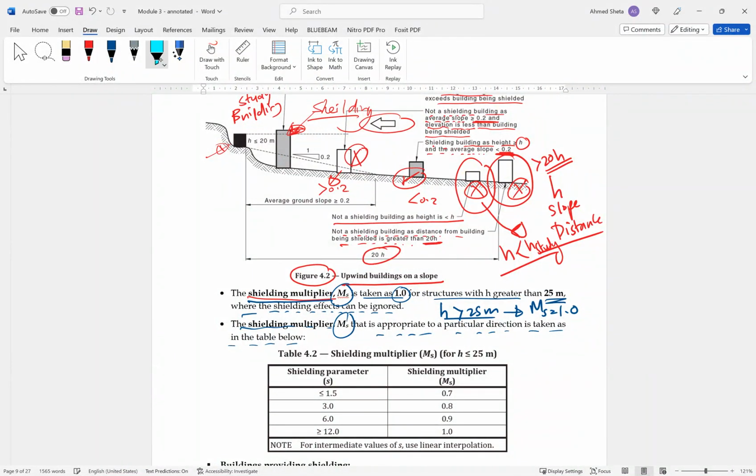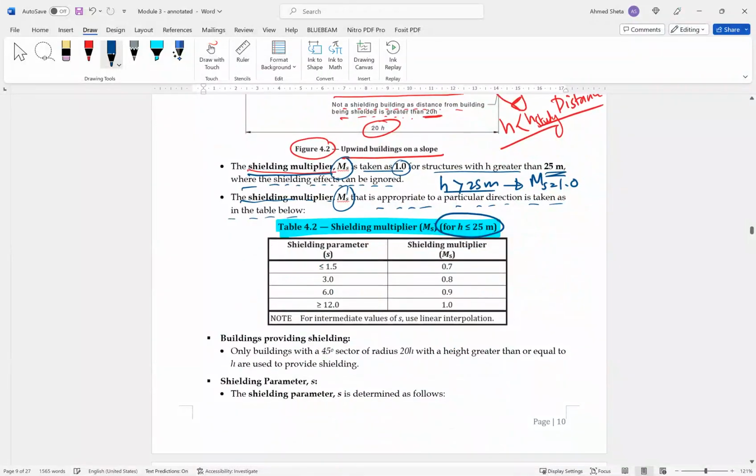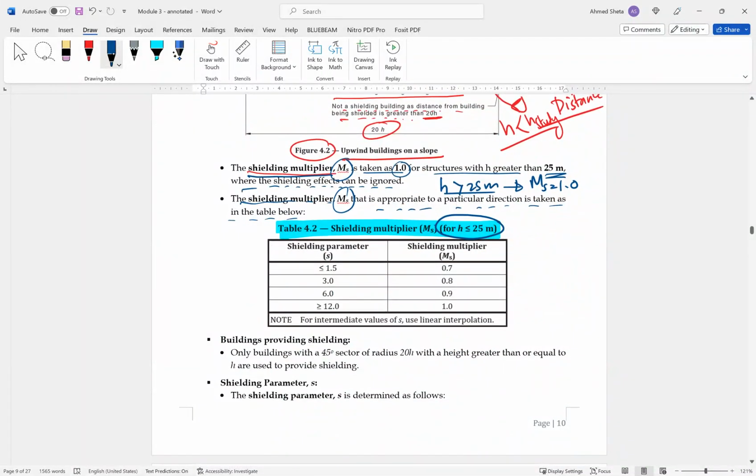The shielding multiplier for buildings less than 25-meter height depends on the shielding parameter S. So the shielding parameter S will give us the shielding multiplier MS. How to find the shielding parameter S?